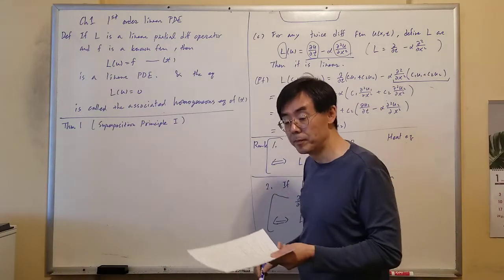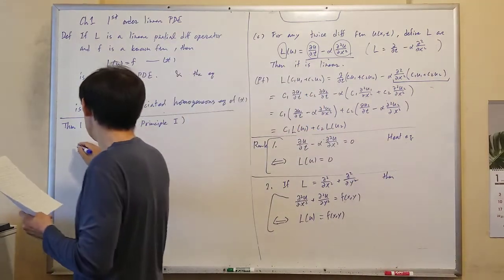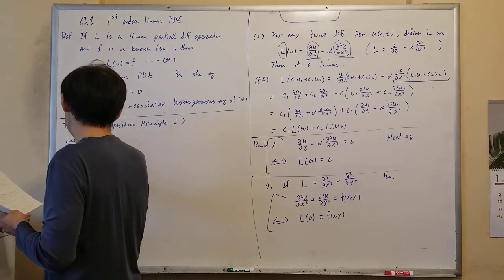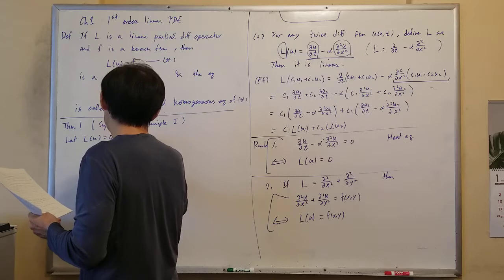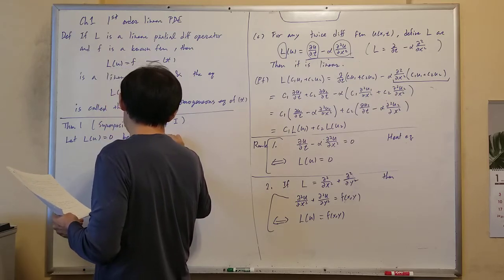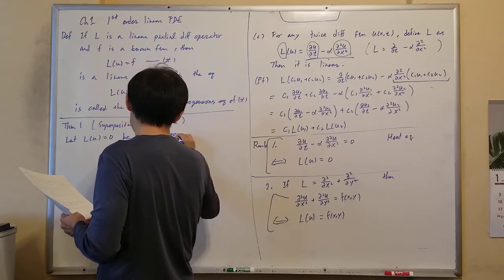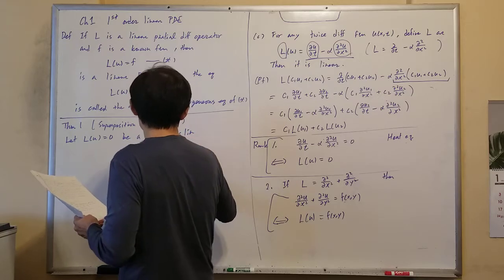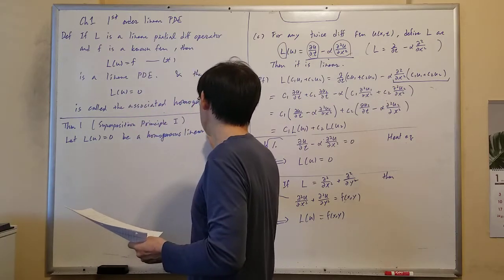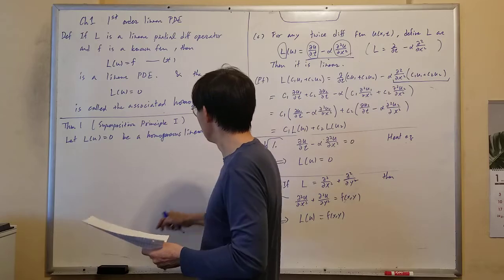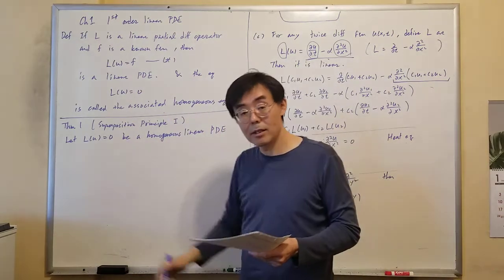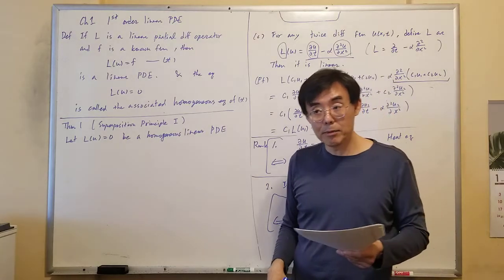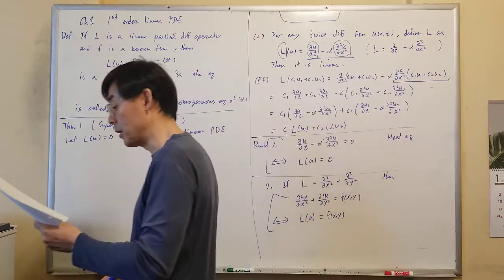So, let L of u equals 0 be a homogeneous linear PDE. Homogeneous linear PDE. That means L is a linear partial differential operator.